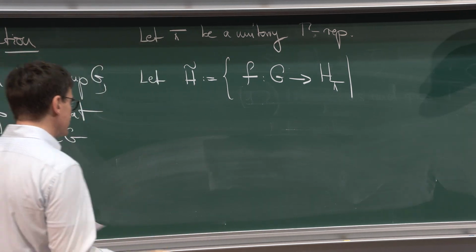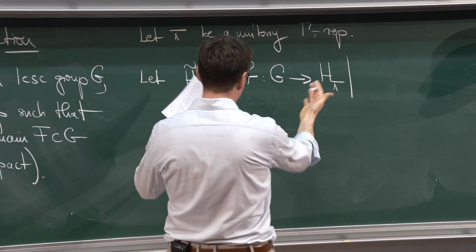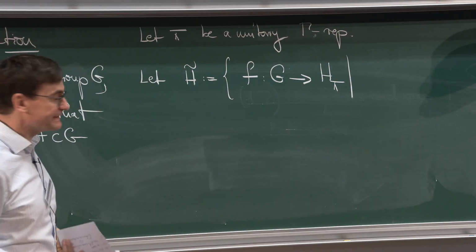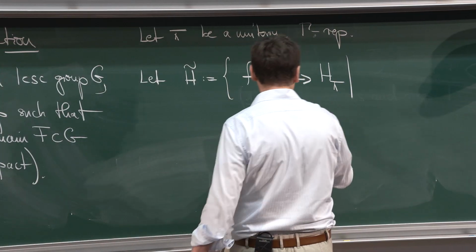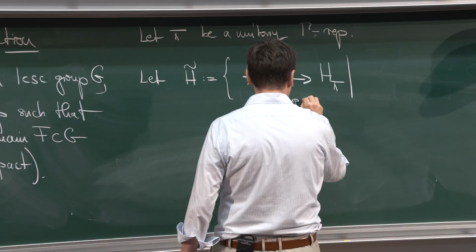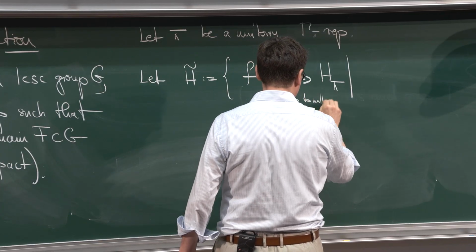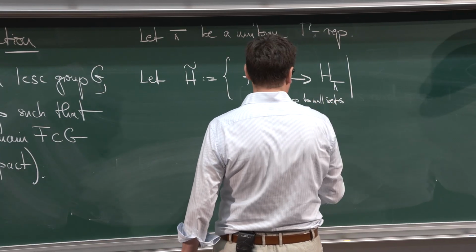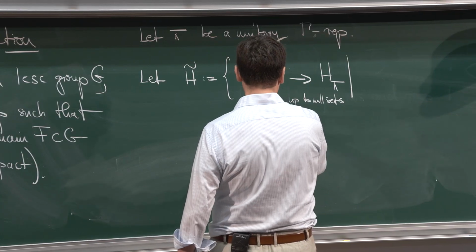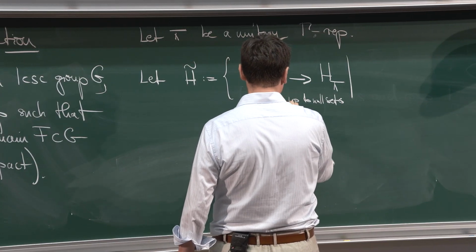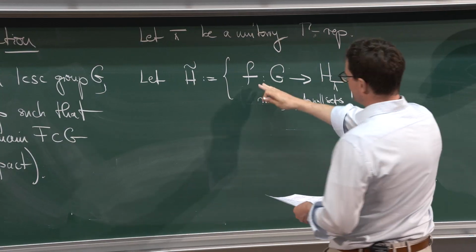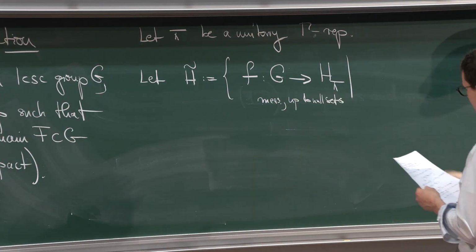These will be measurable functions, and we identify functions up to null sets, so up to measure 0. And the function has a certain equivariance property.